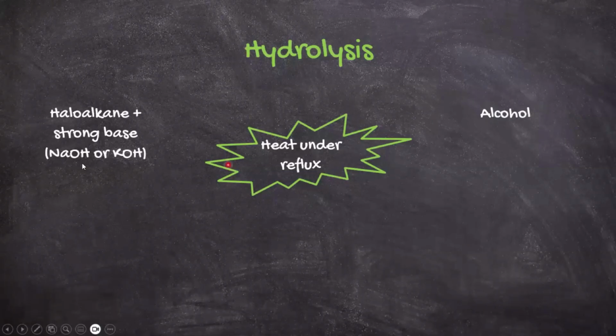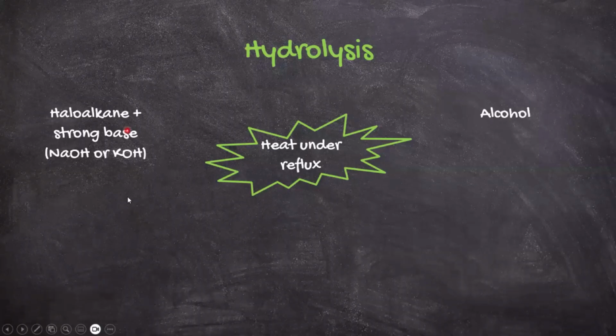Okay, so the strong base that you are adding is not consumed in the reaction. The strong base is a catalyst. Catalysts, you'll do this when you do rates of reactions, if you haven't done them already. A catalyst is something that speeds up a reaction without being used up by that reaction.